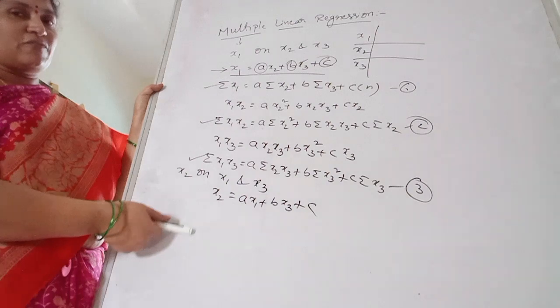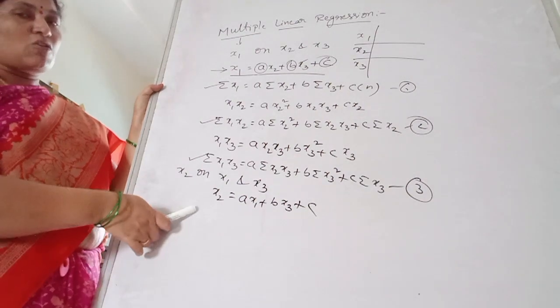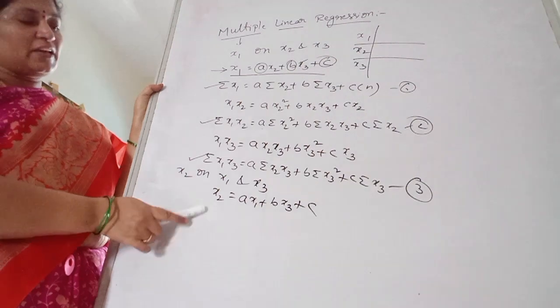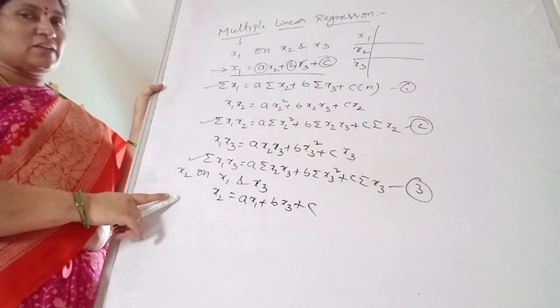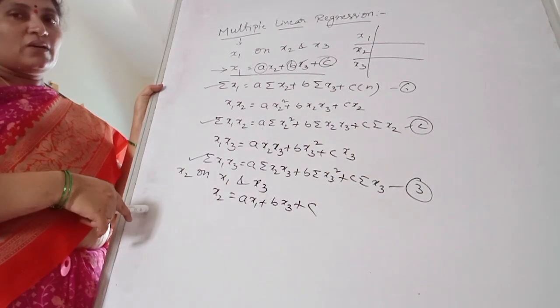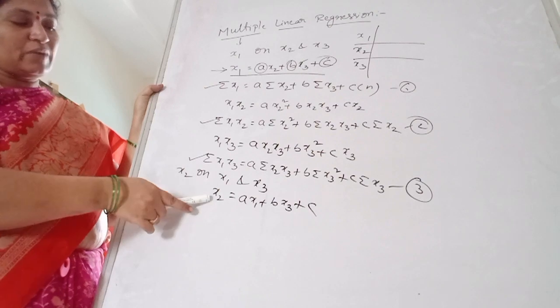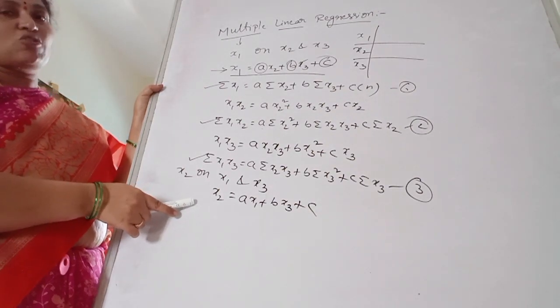Here also same, we form the normal equations first and then solve the normal equations. So what are the normal equations? First we are applying summation on both sides. That is one of the normal equations. After that another two normal equations are given by multiplying this equation with the independent variables and then applying the summation on both sides.